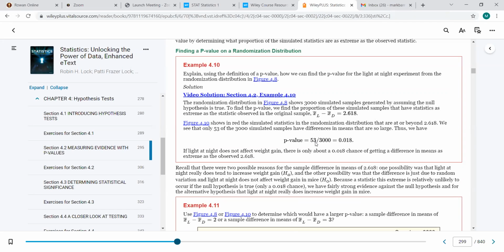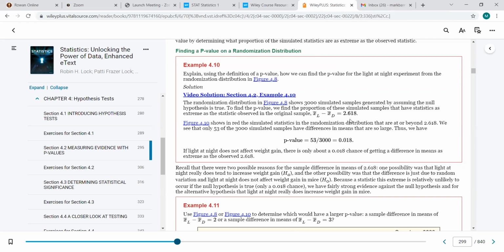Okay, so for the actual sample that we got, there is a 1.8% chance of getting a sample that looked like this, where the difference in the sample means is 2.618, if the difference in the population means is 0. So it seems highly unlikely, doesn't it? There's only a 1.8% chance of assuming that the difference in the population mean between these two groups is 0, and getting a sample that looks like this.